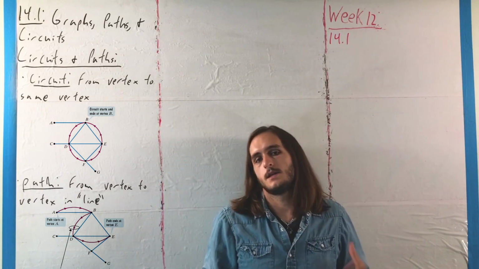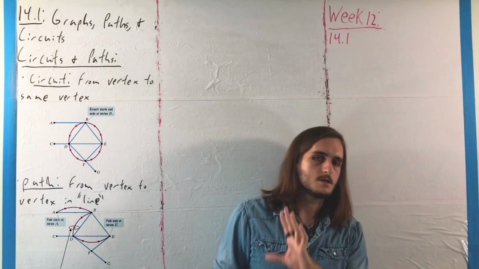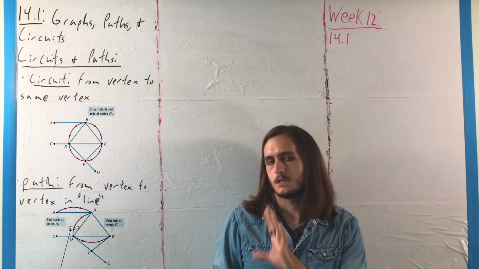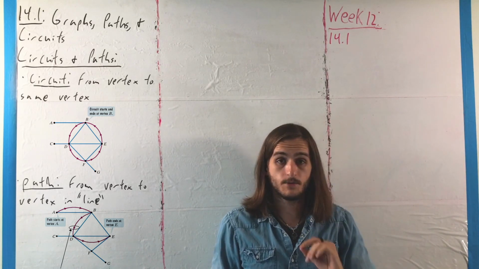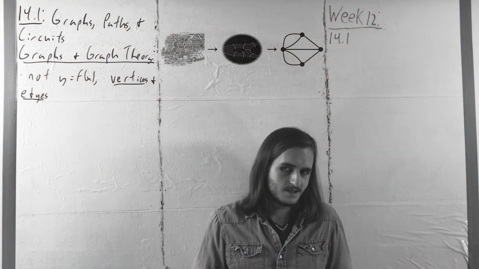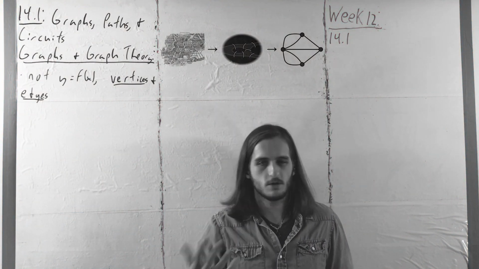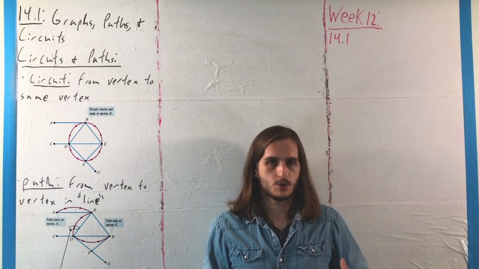Just a bit of naming, a bit of nomenclature, a bit of specificity there that's worth being aware of. It's worth knowing what these things are, because as we're moving forward here, we're going to talk about specific kinds of paths and circuits. In particular, when we're thinking about that idea from Königsberg, that leads to a very special kind of circuit where we're trying to describe all of the edges in a graph.